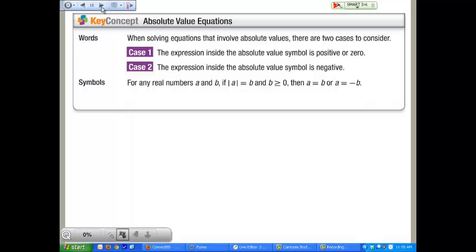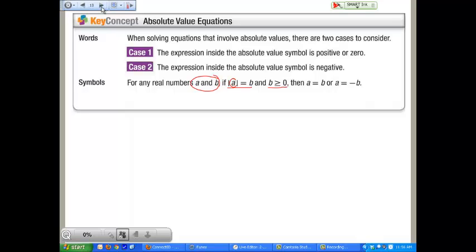For any real numbers a and b, those just represent numbers in the real number system, it says that if the absolute value of a is equal to b, and b is a number greater than 0. So if the absolute value of a is equal to b, we know that b is going to be a positive number, or it could be 0.